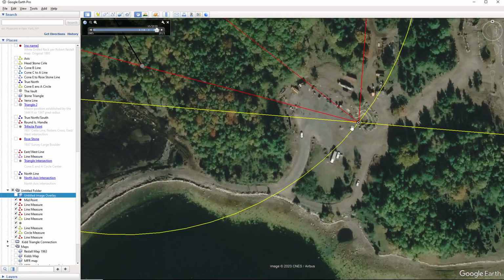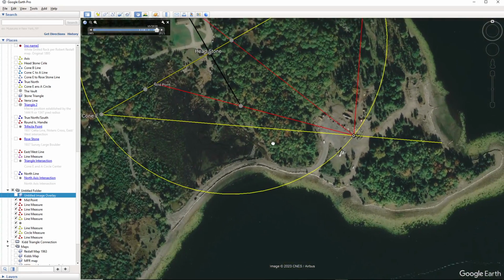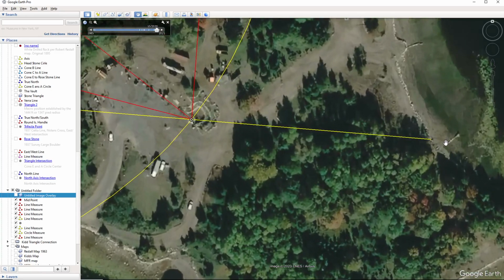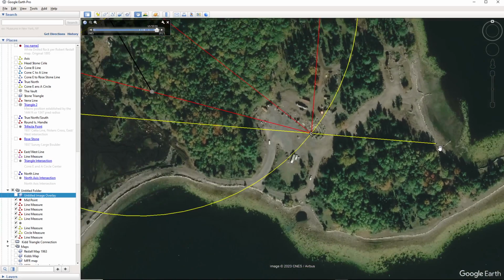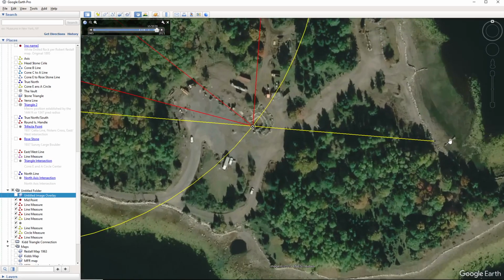Now where this line from cone E runs to, if there's another point out here, it would be interesting to know. In my working with this geometry that has to do with cone A, C, and E, I used the large boulder that's on the 1937 survey.